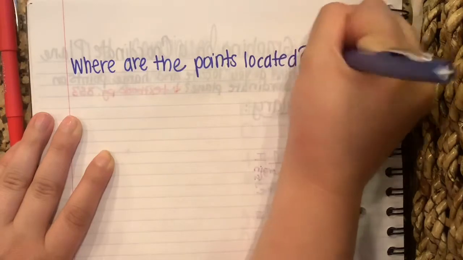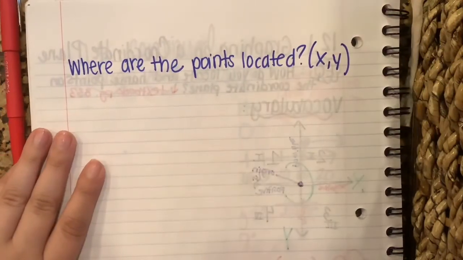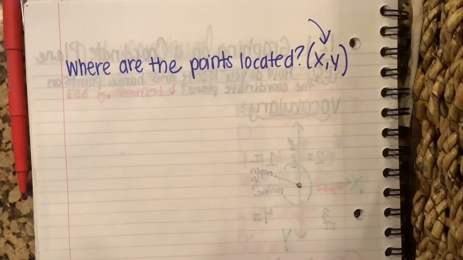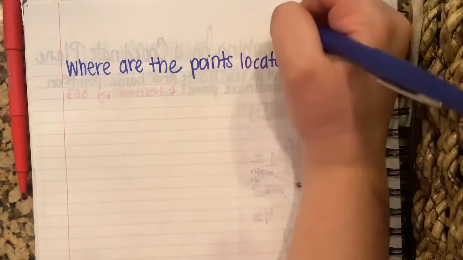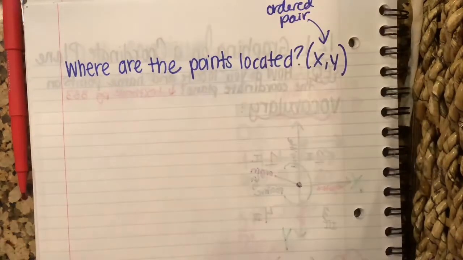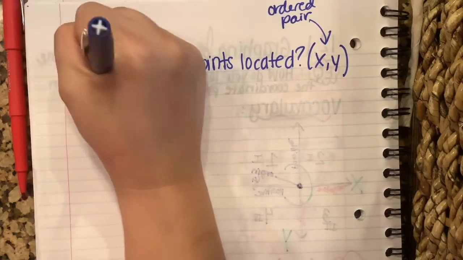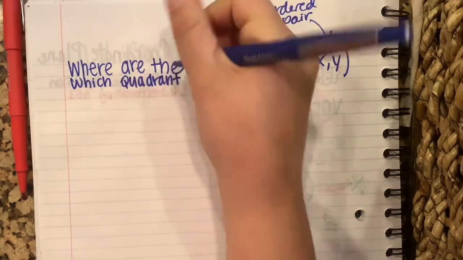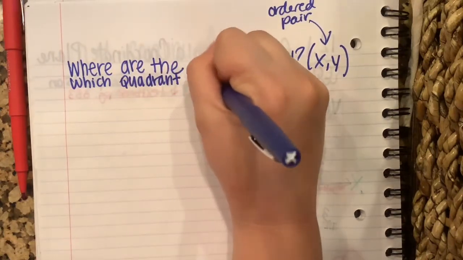And this, of course, needs to be in XY form, which is your ordered pair. You'll also need to answer the question, which quadrant is the pair in?